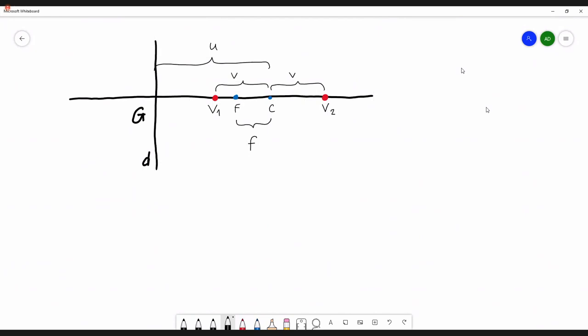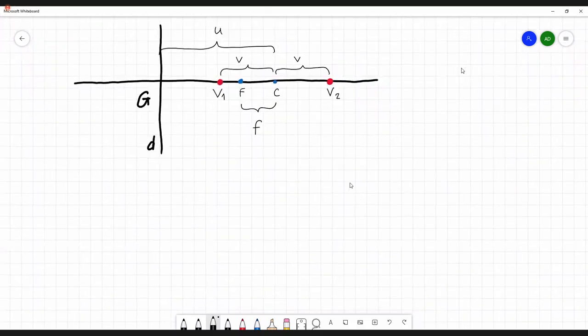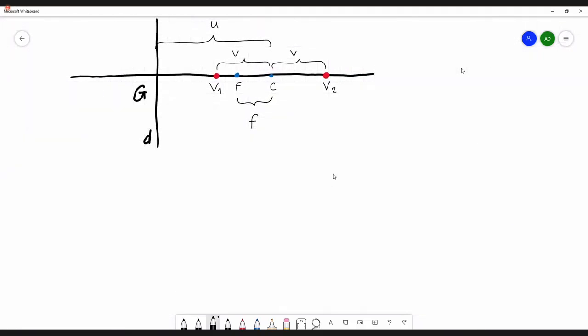Now, from the figure, we can write the following. First of all, V1 and V2, the red points, are on the ellipse. So they have to satisfy the condition for a point to be on the ellipse. What is this condition?